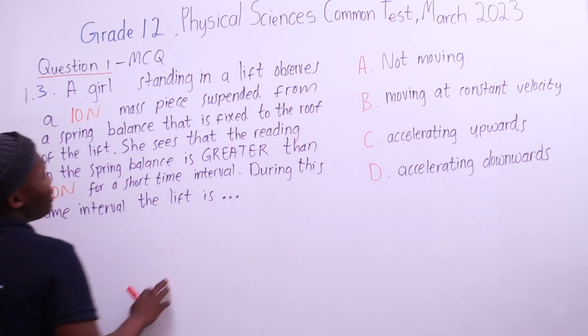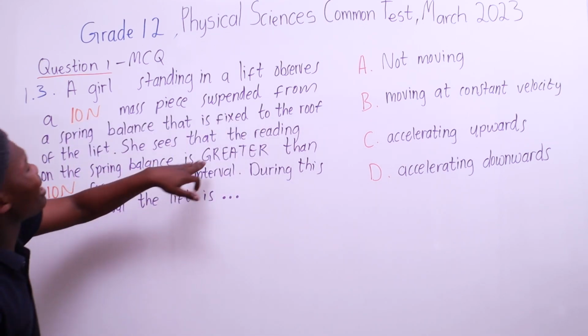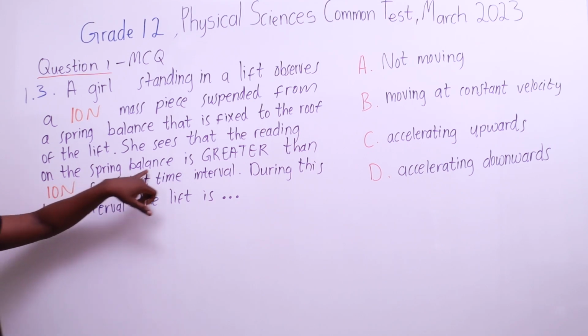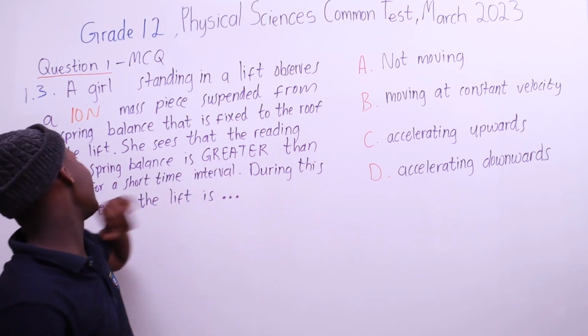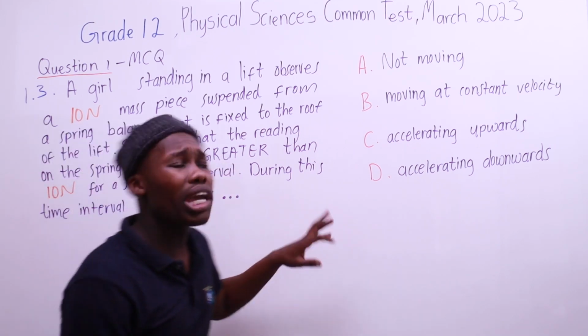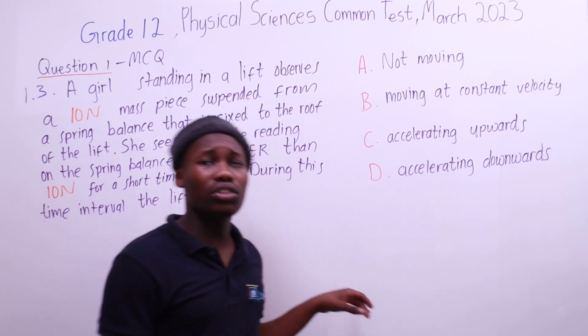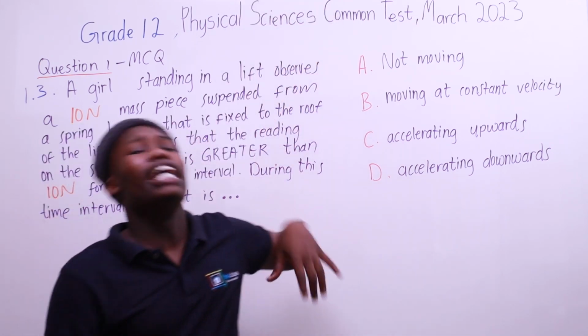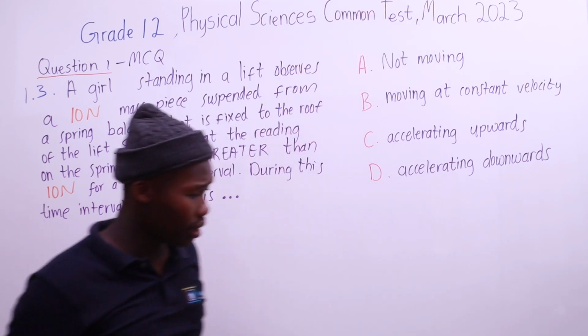And then she sees that the reading on the spring balance is greater than 10 newtons. The reading written at the top is above 10 newtons.